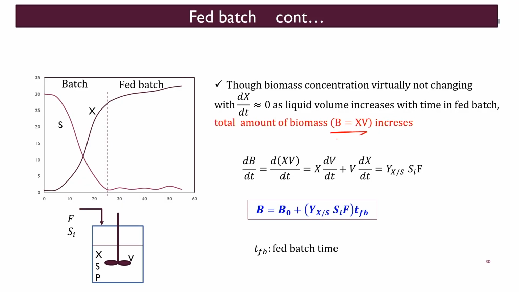Now, as we have discussed, in the case of fed batch, although we are assuming x is constant, as volume will increase, the total amount of biomass will increase because volume is increasing. So, we said B equals x into V. So, if we write dB/dt, it becomes x into dV/dt plus V into dx/dt.